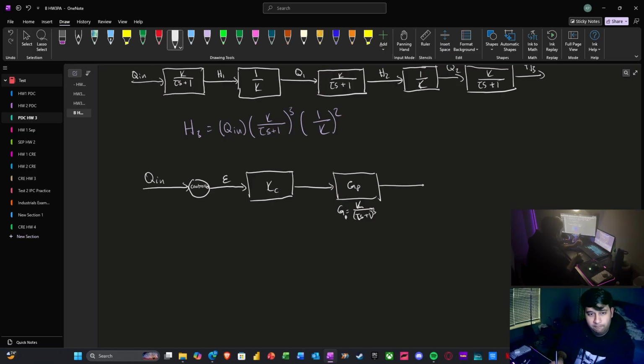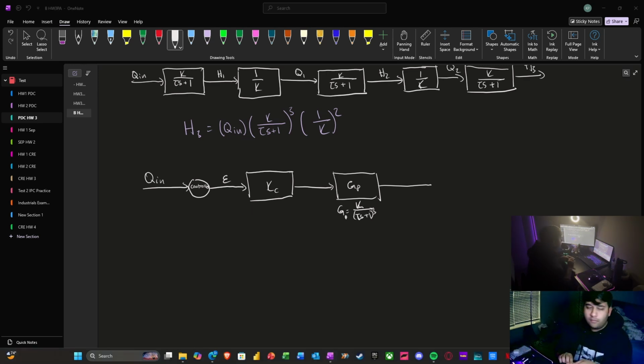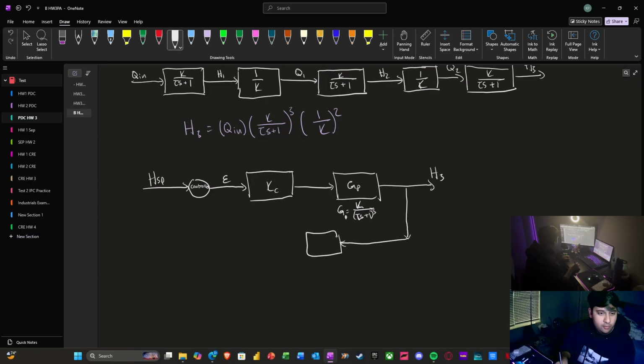Actually, one little thing, this is supposed to be our height set point. And then this is going to be our third, and we're going to have a recycle stream right here.